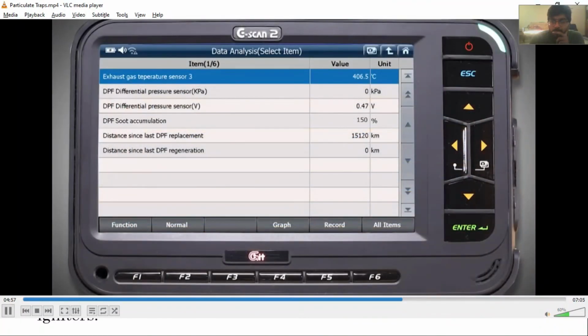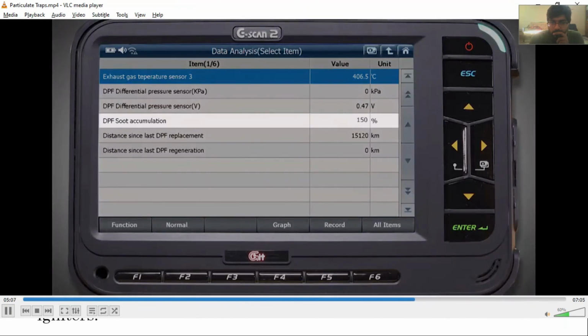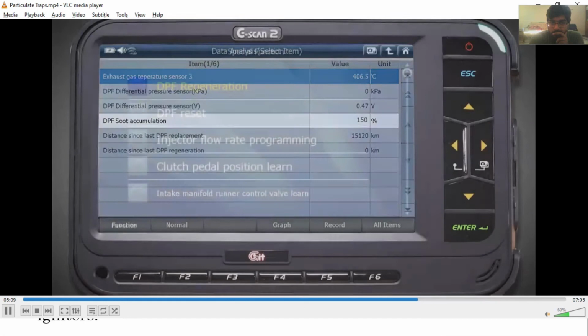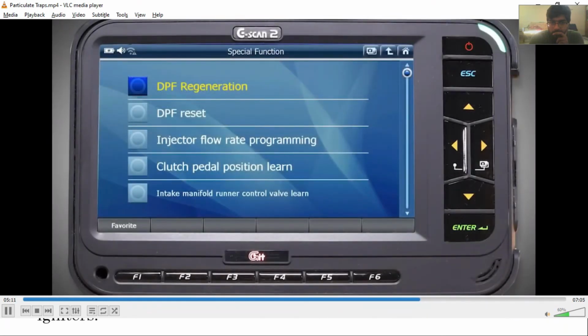Now we'll look at the DPF scan tool parameters. I'm looking at the data because I have a flashing DPF light and the soot accumulation is over 100%, as seen here. I'll carry out a service regeneration and we'll take a look at an injector pattern using an oscilloscope.